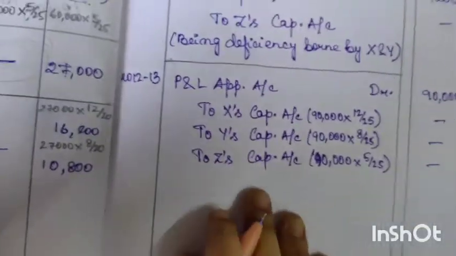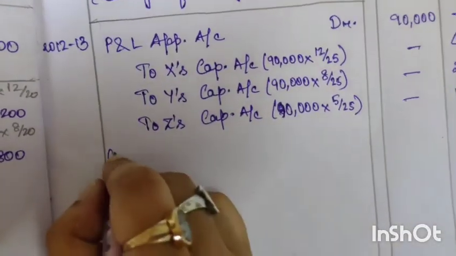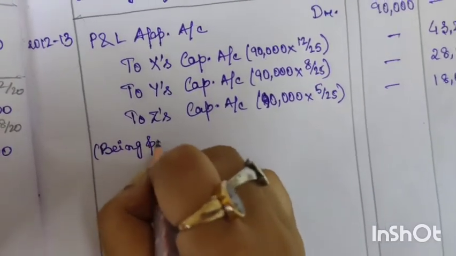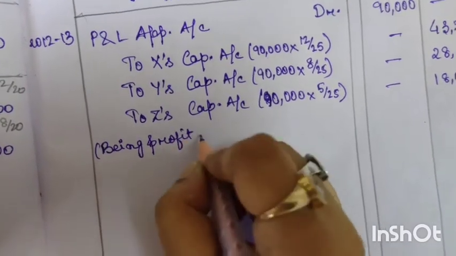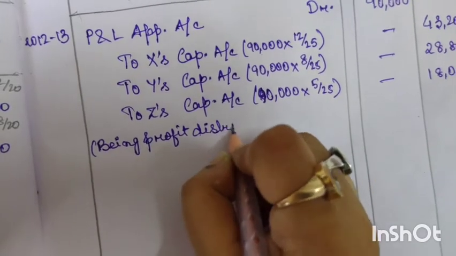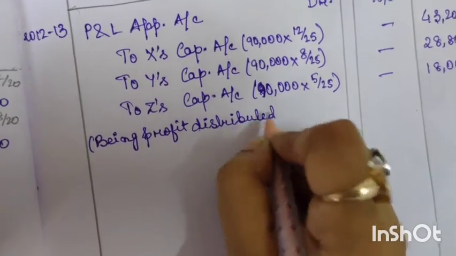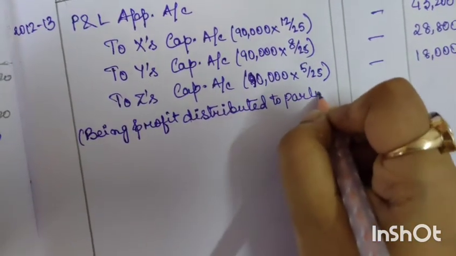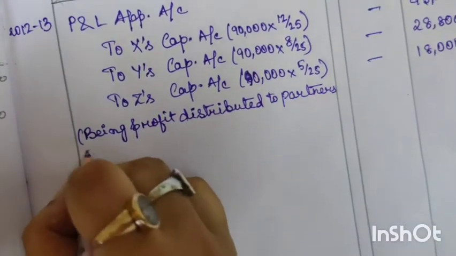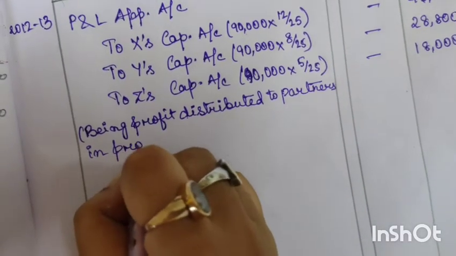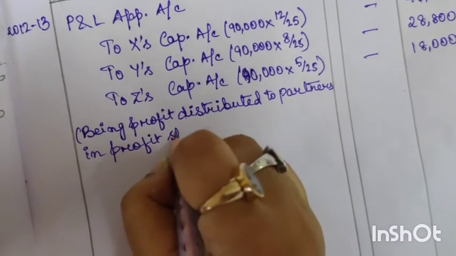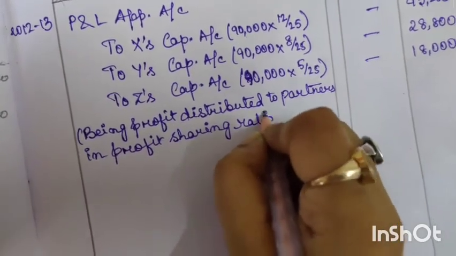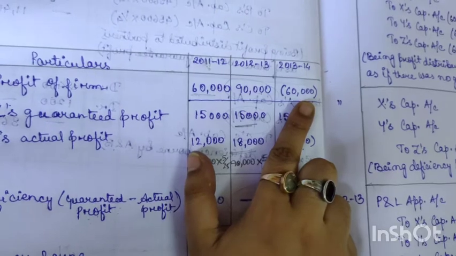Okay, now since there was no guarantee, means there was no deficiency, we will write here directly being profit distributed to partners in profit sharing ratio. Okay, there was loss.